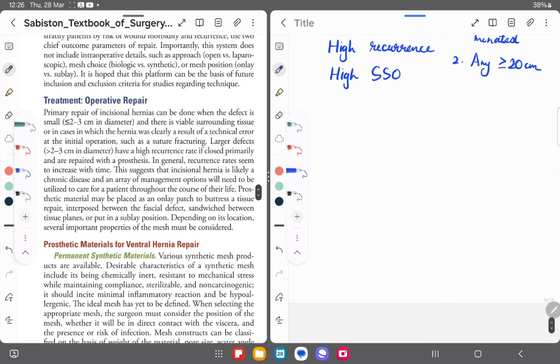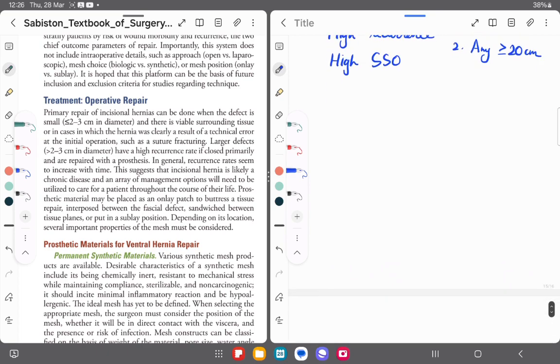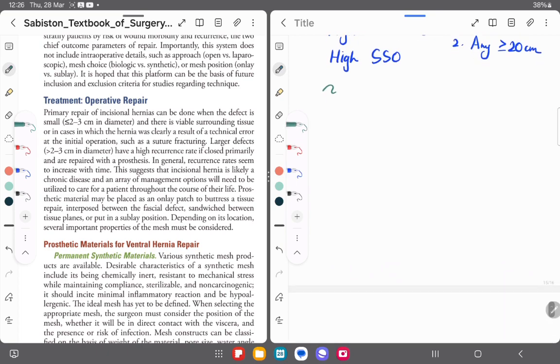So now treatment, operative repair. So how do we treat incisional hernias? Treatment of incisional hernias.